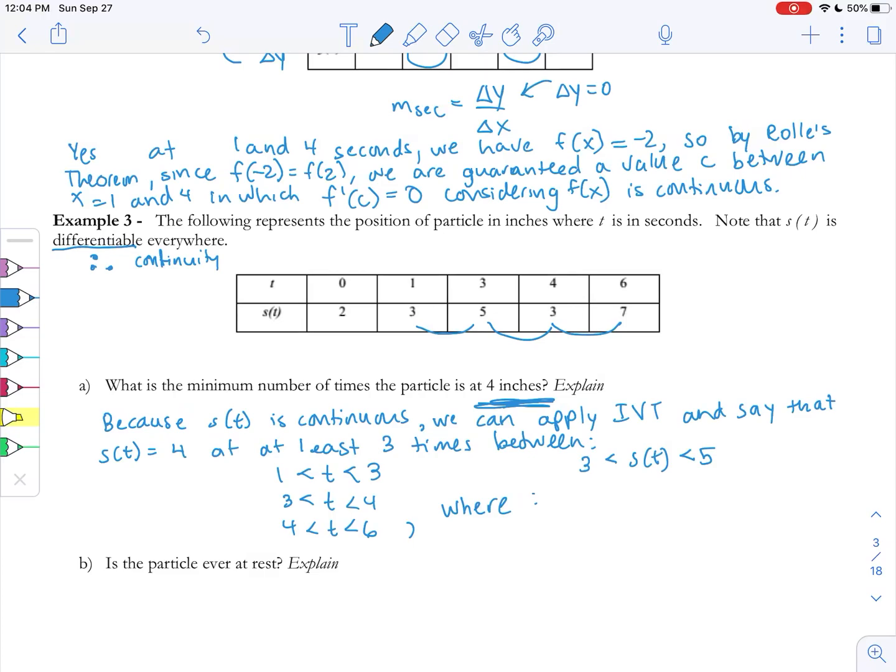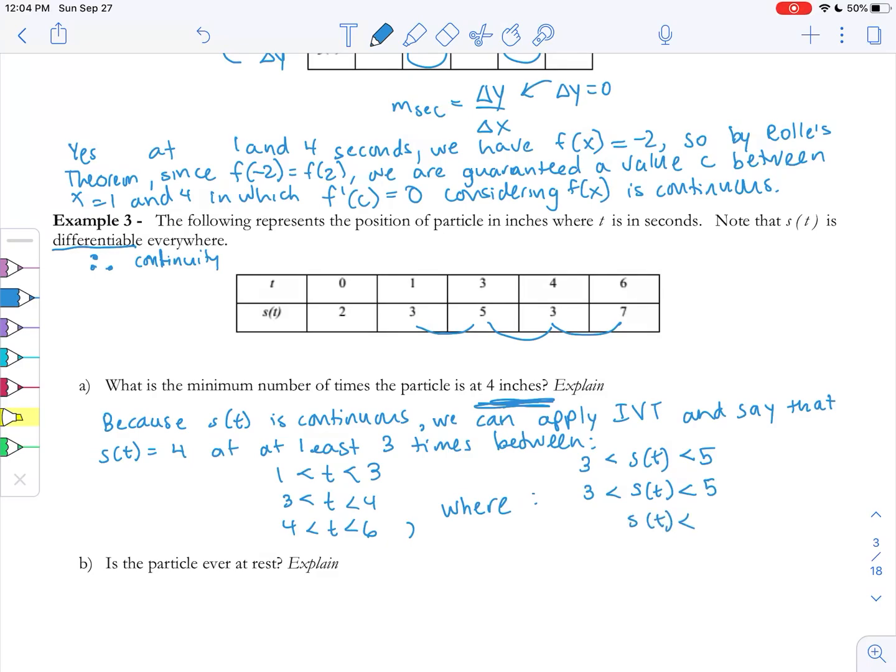And between 3 and 4 seconds, we have s of t is between 5 and 3. So I'm going to write 3 again first because this is a compound inequality, 3 and 5.